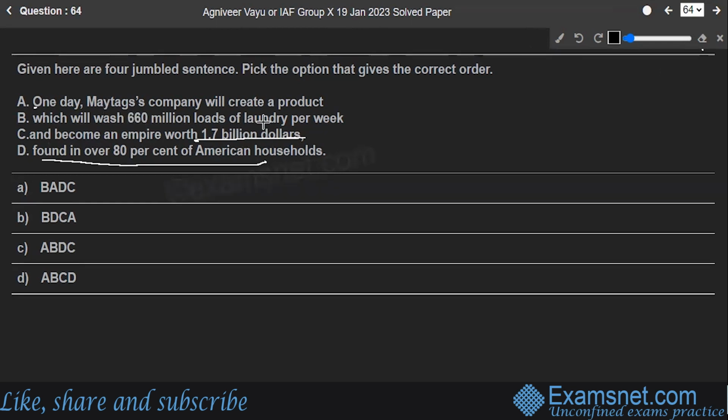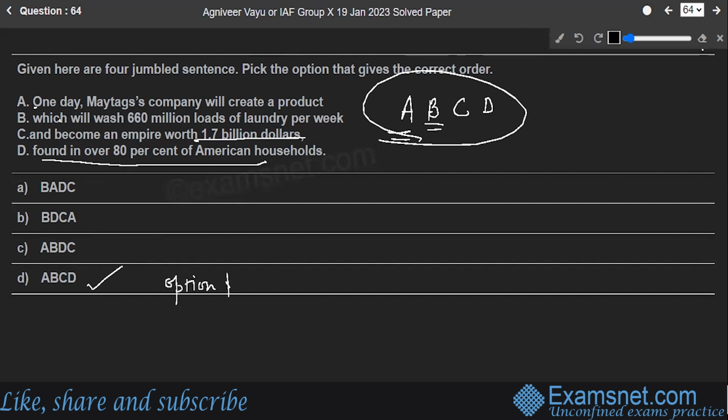One day, Maytag's company will create a product. So A is the first line of that paragraph, which will be followed by which will wash 660 million loads of laundry per week. B, of course, is going. Then you have and become an empire worth $1.7 billion, found in over 80% of American households. So this is the correct sequence, A, B, C, D. Option D is the correct answer.